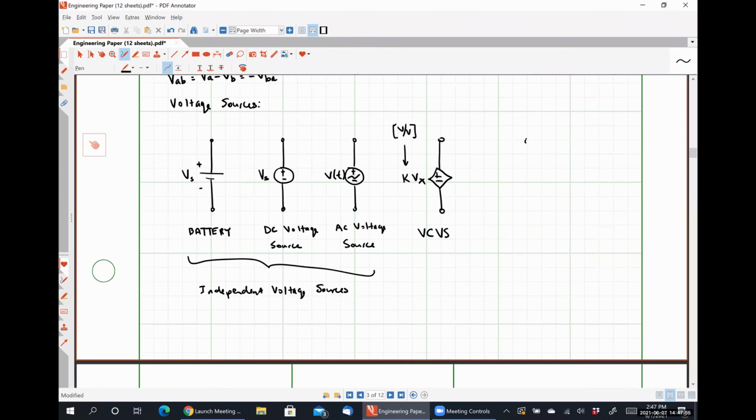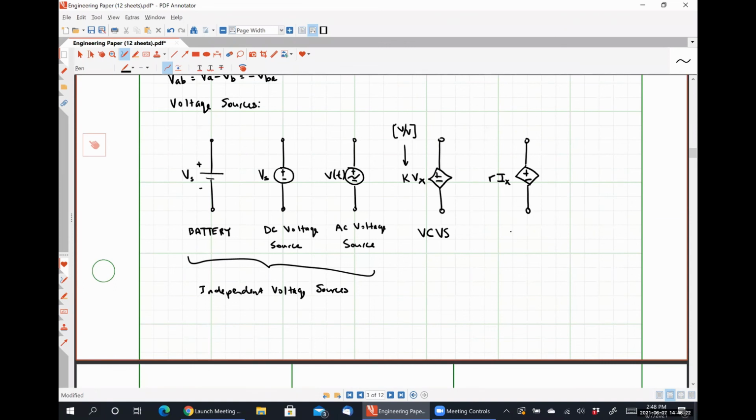We also have another type of dependent source. It has the exact same symbol. So that's another place that can be a little bit confusing. And the voltage present across this voltage source is dependent on a current, Ix.